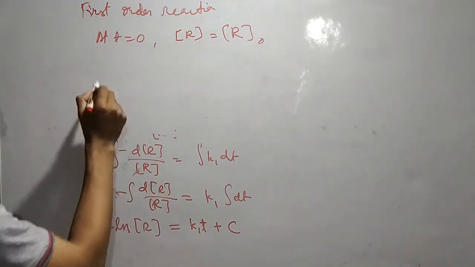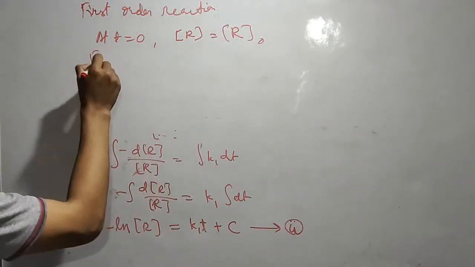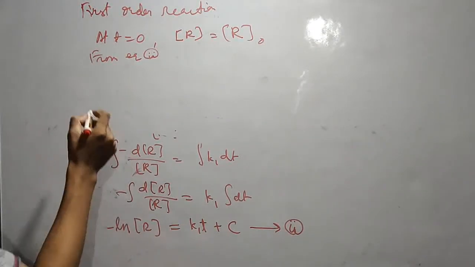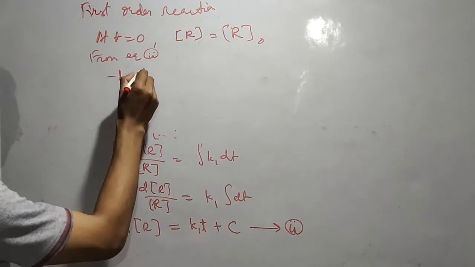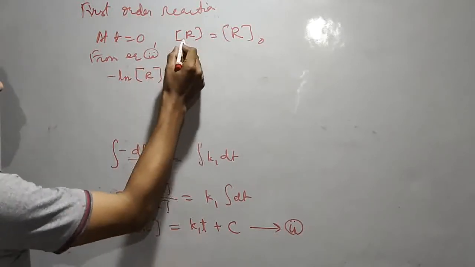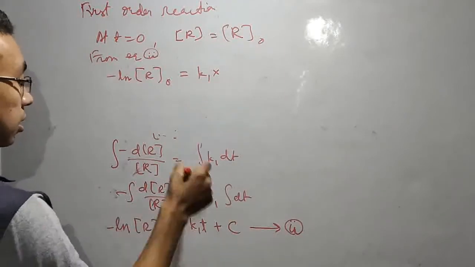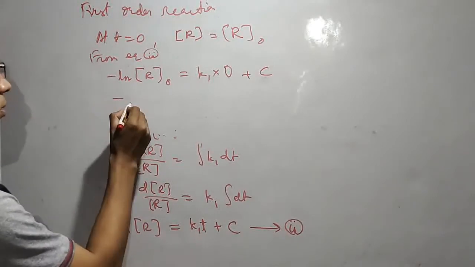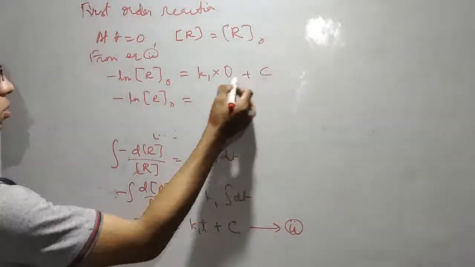So from equation number 2, we shall get minus ln R naught is equal to K1 into 0 plus C. So C equals minus ln R naught, since this term is 0.